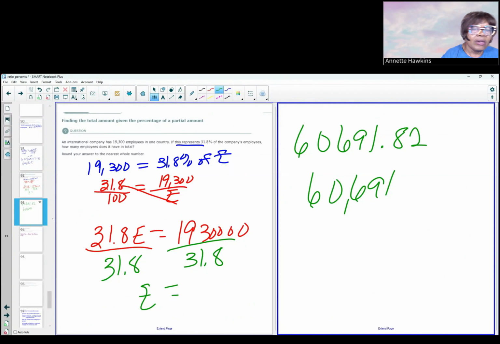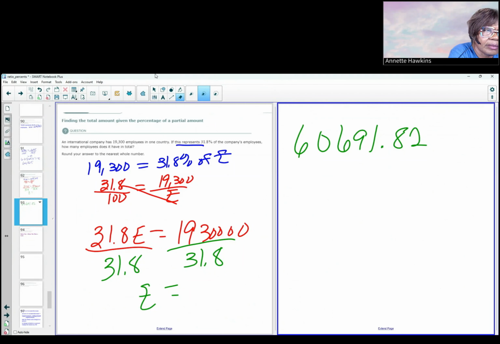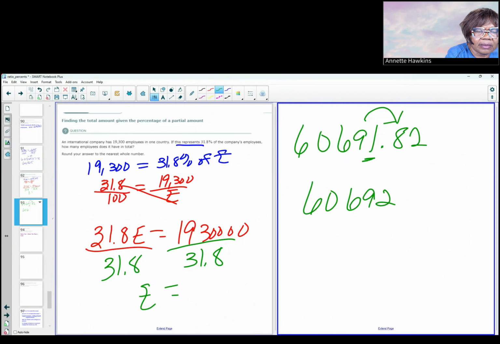Okay. Round to the nearest whole, so that would be 92. Now, why is it 692? Because this is the whole, and that's 5 or more. Okay.